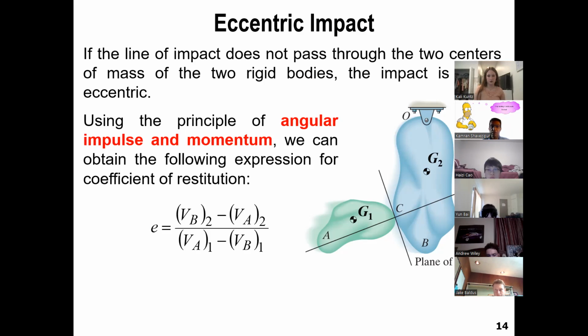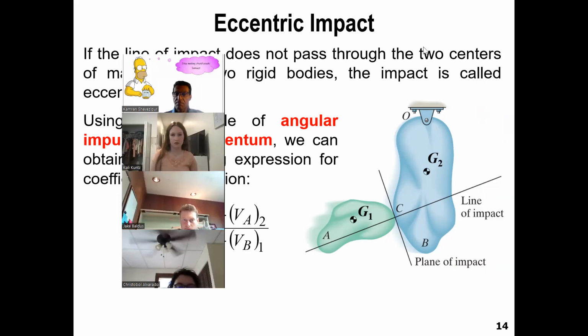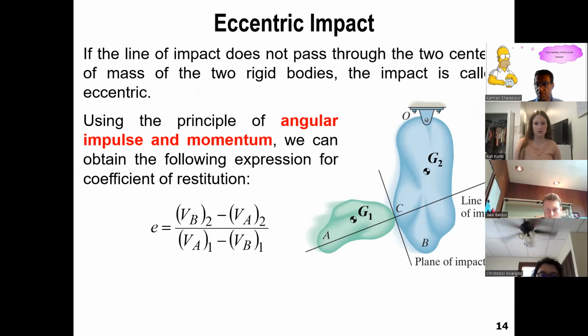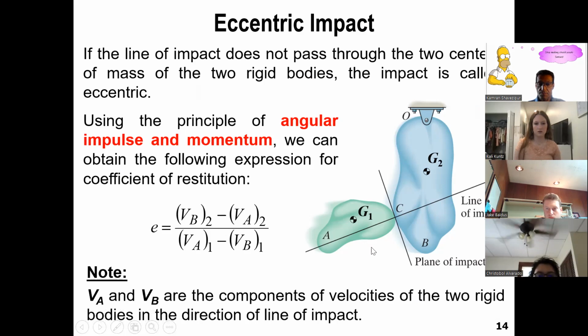Any question? Does that make sense? Okay. And remember, the velocities are in the direction of the impact line. If it goes this way, you have to get the perpendicular velocity.